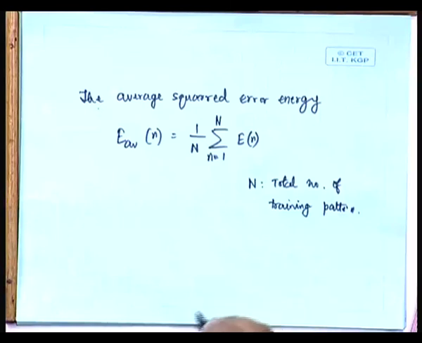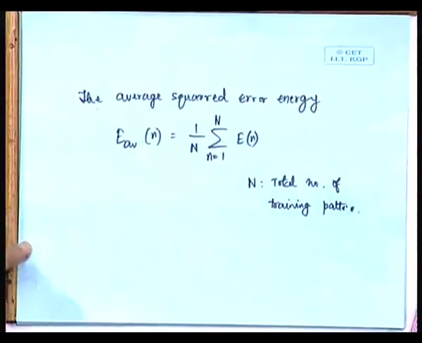Now, there could be two different approaches. One approach is that on a simple pattern by pattern basis you update the weight, like the way we did for the LMS algorithm. The other approach could be that you calculate this average squared error energy, and based on this average squared error energy you adjust the weight once for all.